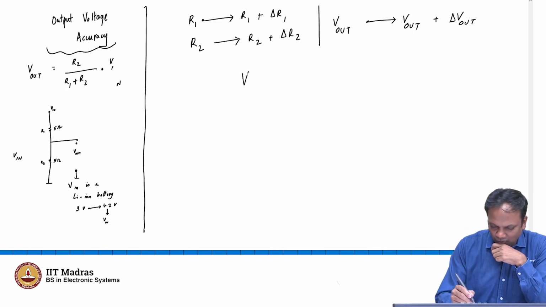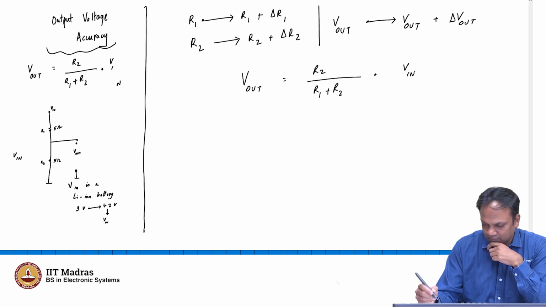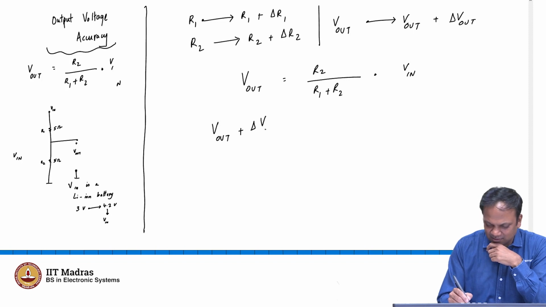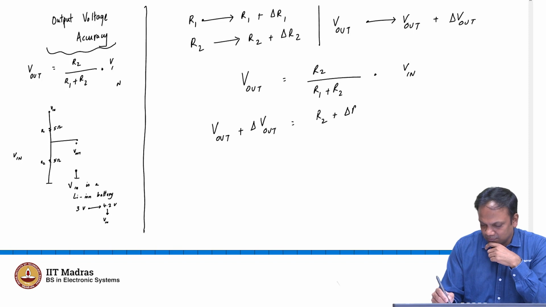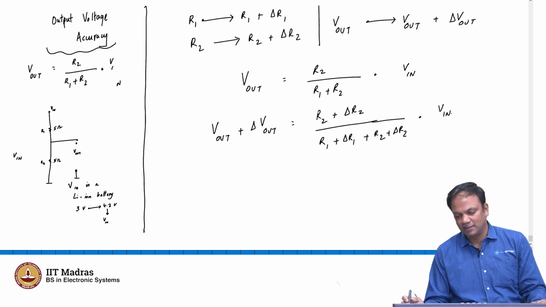So what do we know? We know V out is equal to R2 by R1 plus R2 into V in. And V out plus delta V out, it's the same resistive divider formula, is R2 plus delta R2 divided by R1 plus delta R1 plus R2 plus delta R2 into V in, right.